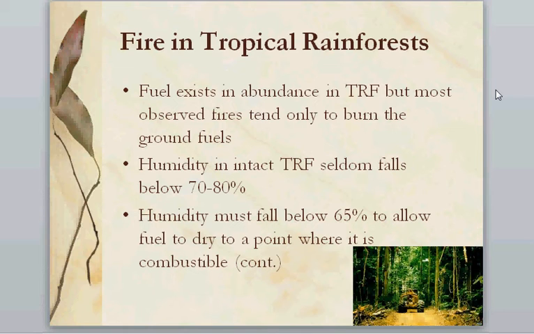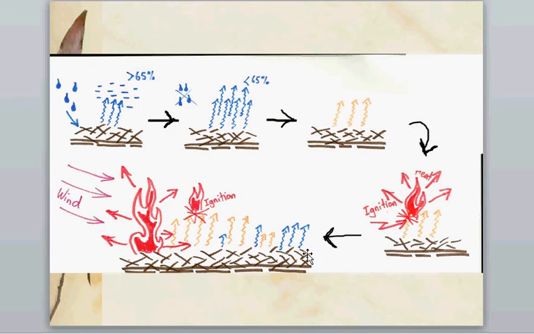Okay? Now, normally humidity in an intact tropical rainforest seldom falls below about 70 to 80% throughout the year. So 70 to 80%, if you remember our point at which leaf litter will start burning out, is usually around 65%. So 70 to 80% is too high for leaf litter to start to burn.